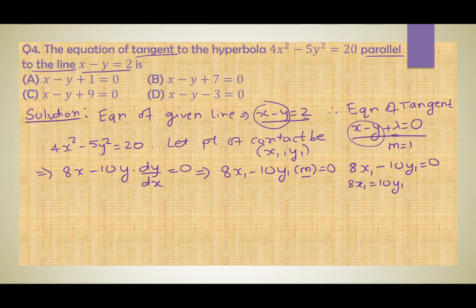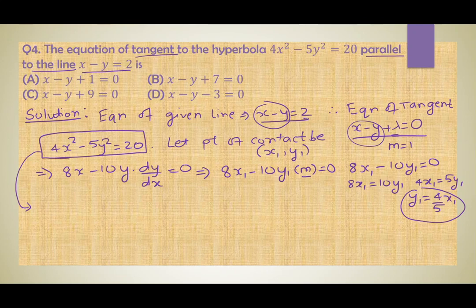Therefore, 4x1 is equal to 5y1, or y1 is 4 by 5 x1. I'm going to use that in the equation of the curve, because the point of contact always lies on the curve, so it should satisfy the equation of the curve.